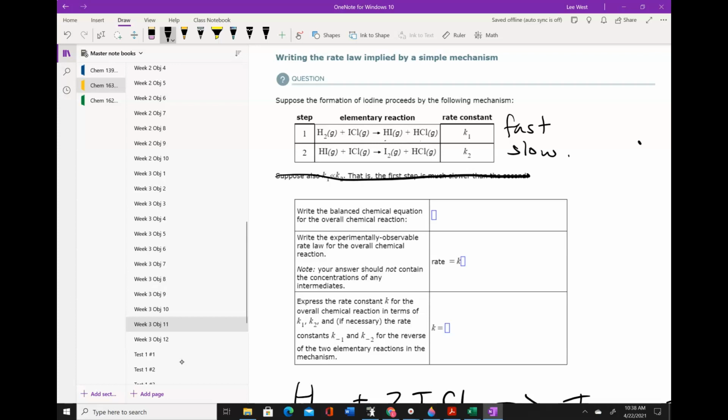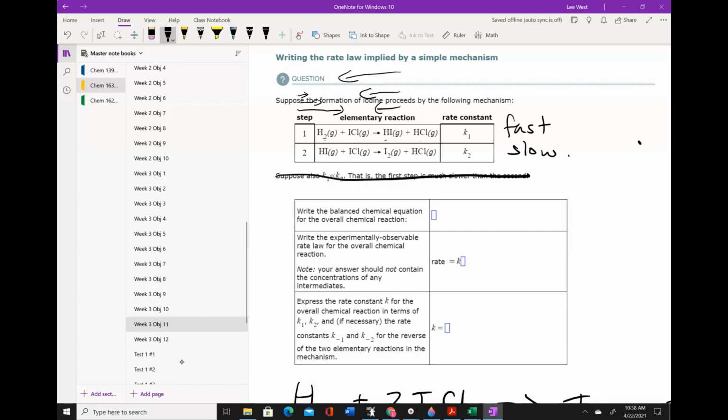And then the HI, because this second step runs so slow, will also build up in concentration. And what that means is that the concentration of these will build up, so the reverse reaction starts going faster and faster and faster. Meanwhile, the concentration of the reactants is getting consumed. So that ends up going slower and slower and slower.